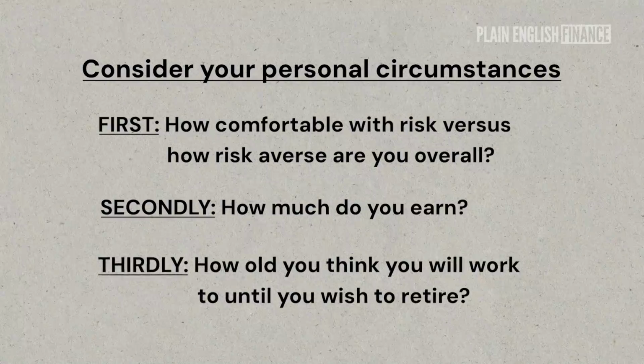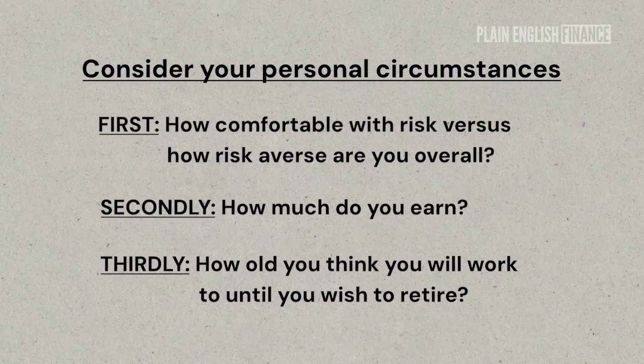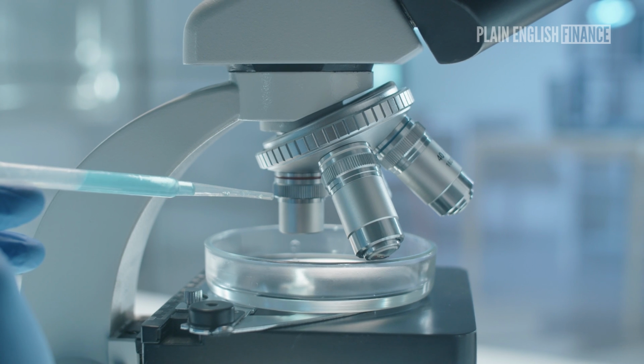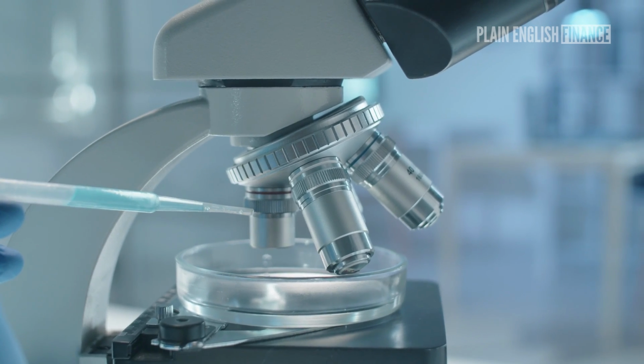And thirdly, you'll want to think about how old you think you will work to until you wish to retire. I know people who made enough money to retire in their 30s, and I know people who are so passionate about what they do that they're still loving their work and invariably highly paid in their late 70s and beyond. The longer you're gainfully employed and earning a decent income, the longer it will be before you need to rely on your investments to sustain you.